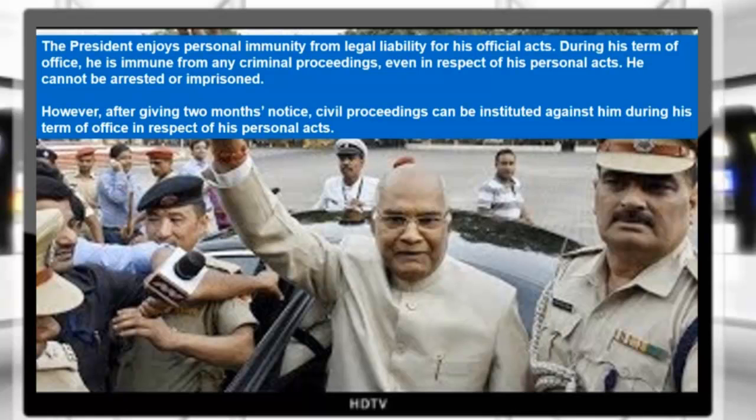First of all, if it is an official act, there is no legal liability. Whatever act he has done, there is no legal liability on that. You cannot question. Even on the personal level, personal act pe bhi, he is immune from any criminal proceedings. He cannot be arrested or imprisoned.